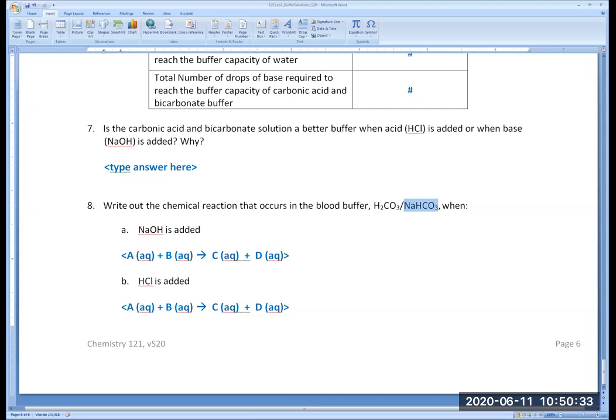So there are two ways actually to write those chemical reactions, because you could drop the Na plus here, or you could drop the Na plus here again. Na plus in this case is what we call a spectator ion. It stays the same before and after, except it combines with the negative ion. And so there are two ways to write those.